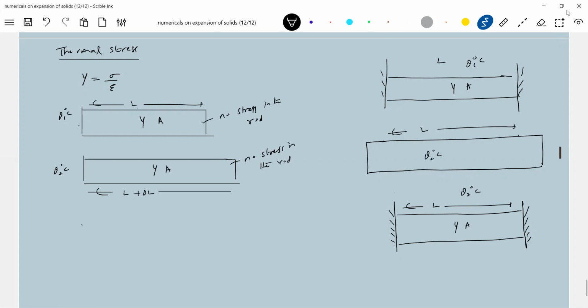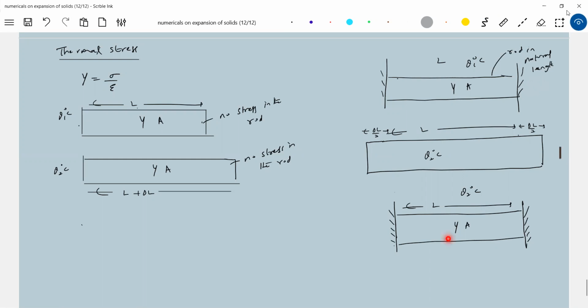And this will be the elongation, delta L by 2 on each side. But we are not permitting it to expand. So what is the state of the rod? At theta 1, it's in natural length. When the body is at natural length, no stress will be there.